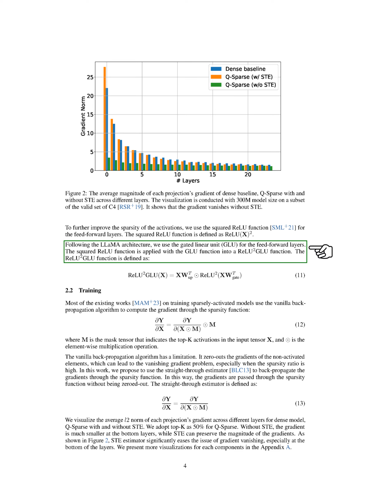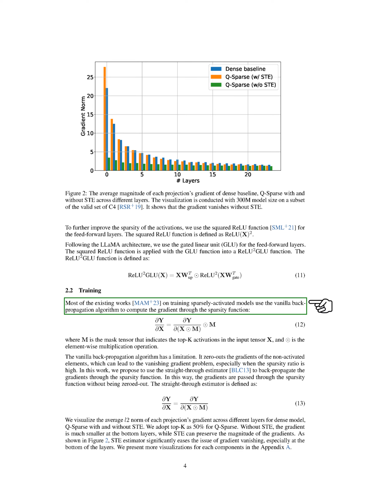Section: Training. In this section, we discuss the training of sparsely activated models. Most of the current approaches utilize the standard backpropagation algorithm to calculate the gradient through the sparsity function. Here, we have a mask tensor that highlights the top-K activations in the input tensor, and we perform element-wise multiplication.